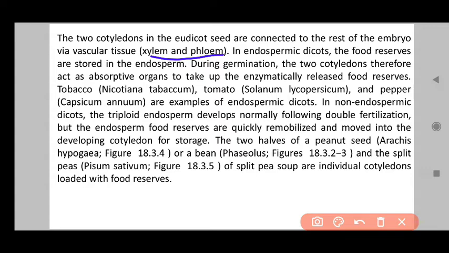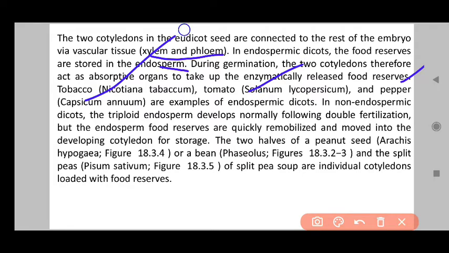In the endospermic dicot, the food reserves are stored in the endosperm. During germination, the two cotyledons therefore act as absorbing organs to take up the enzymatically released food reserves, which were stored earlier, as in tomato or tobacco.